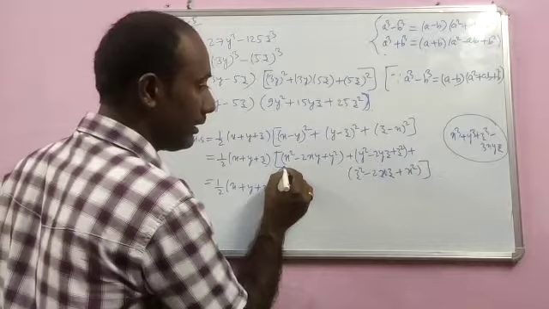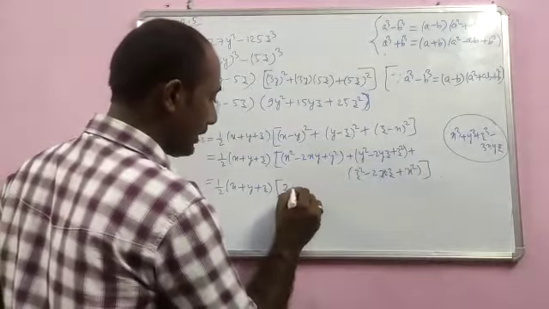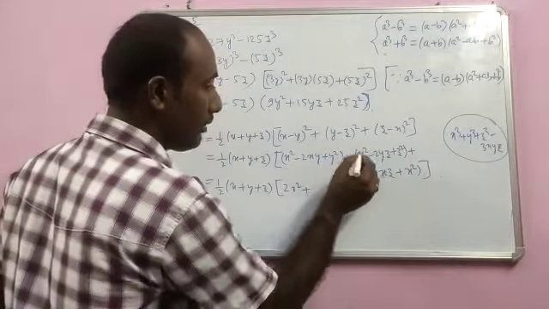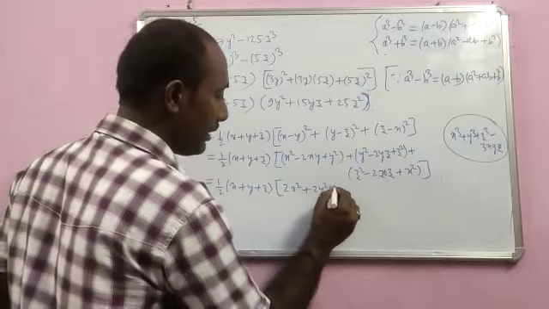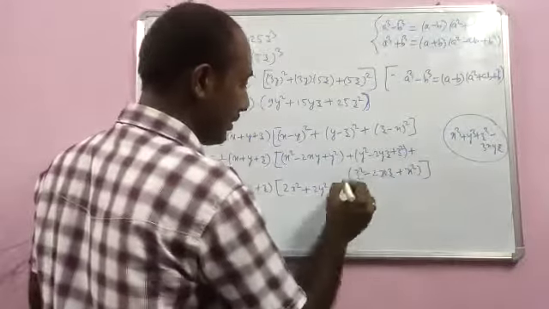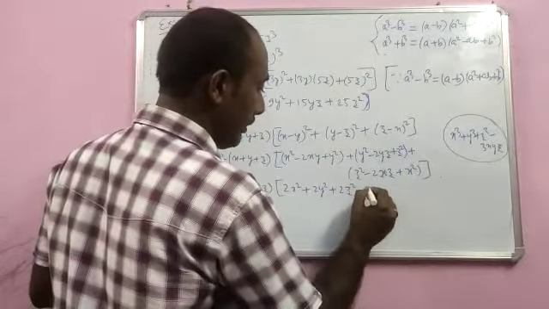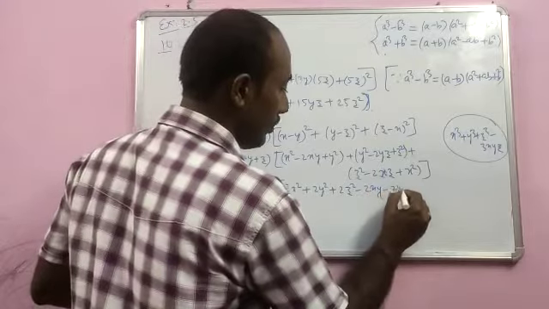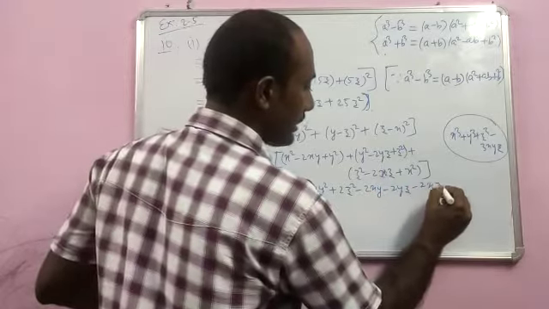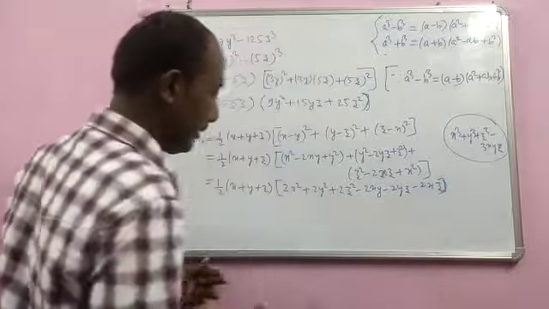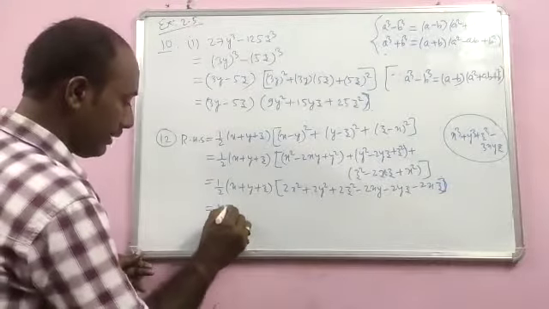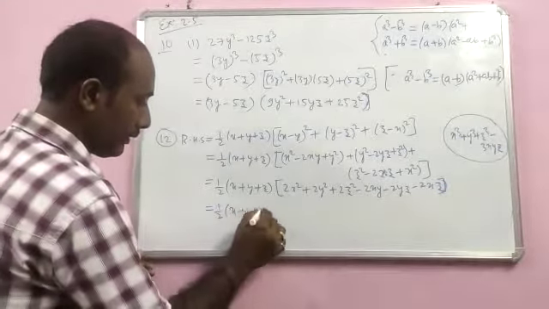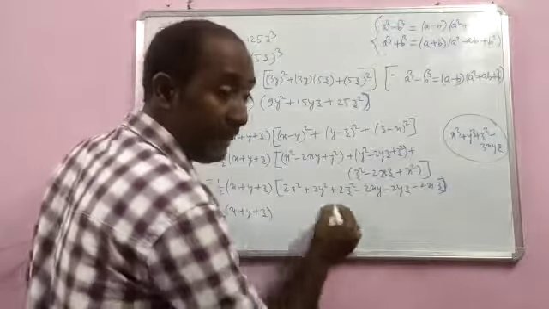So x square, there is 2x square, y square, so it is 2y square, z square, so you have 2z square, minus 2xy, minus 2yz, minus 2xz. So here you can see, then you can take 2 common.